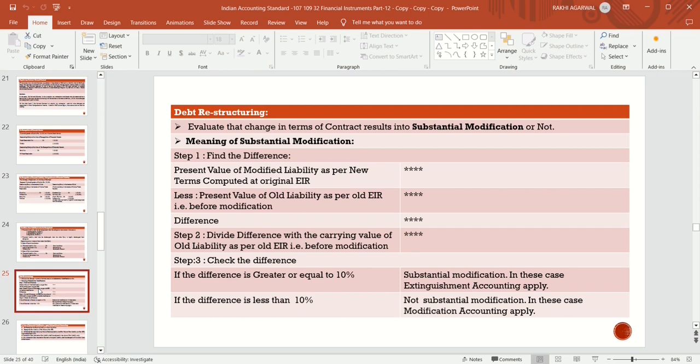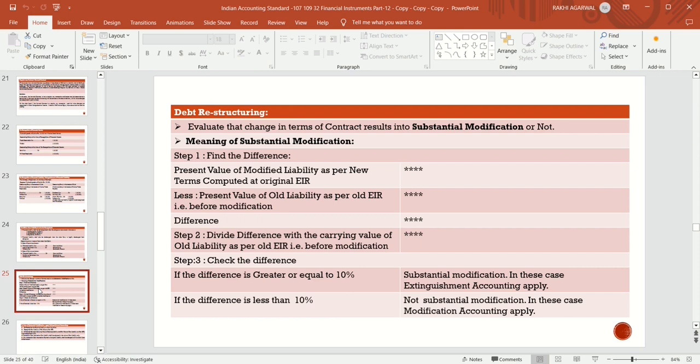Firstly, we will check the difference between the present value of the modified liability, the new liability as per new terms of contract computed at the original effective interest rate, and the present value of the old liability. Actually, the original contract was made, and the effective interest rate at the time the contract was first made, on that the present value of the old liability is computed as per old EIR, that is before modification, and the difference is found.